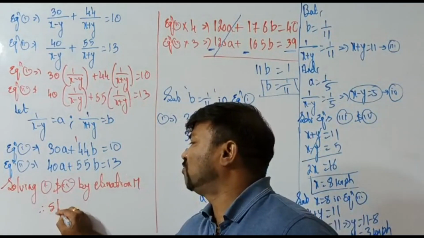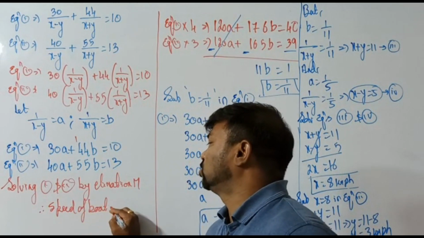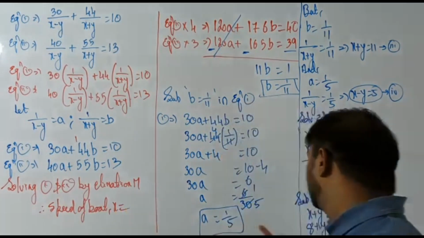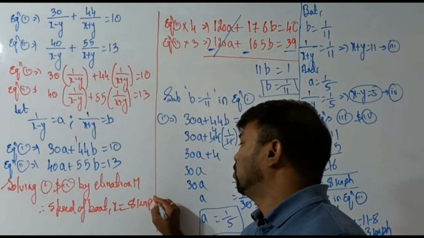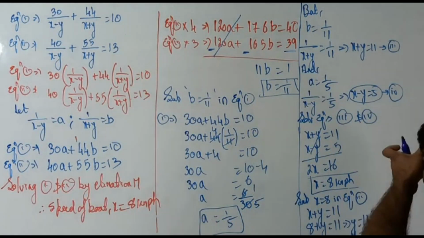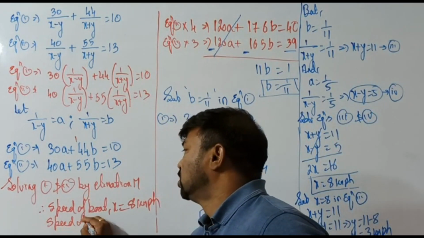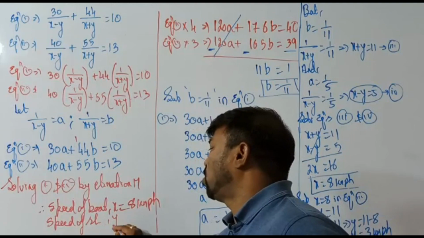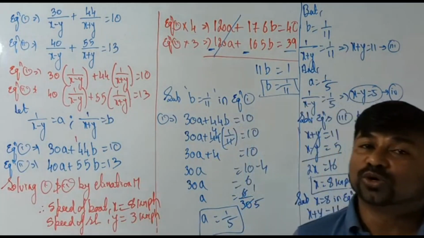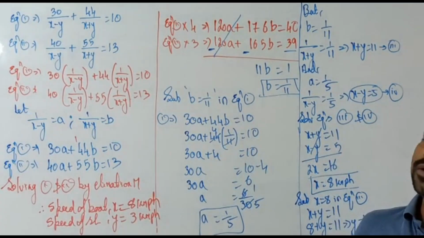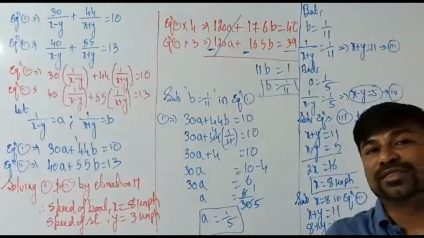Therefore, the speed of the boat, x, is 8 kilometers per hour, and the speed of the stream, y, is 3 kilometers per hour. So if they are of this speed, we can make the journey in 10 hours and 13 hours.